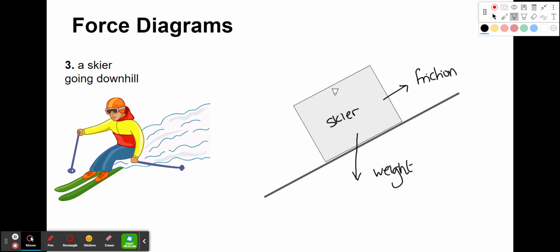And that's at right angles to the slope. So we have this reaction force. So slightly trickier, but we always remember that weight acts straight down, and the reaction force, if I draw the dotted line here, is at 90 degrees to the slope. And friction is always acting against the motion, so it's going in the opposite direction. So the skier would be moving in this direction.